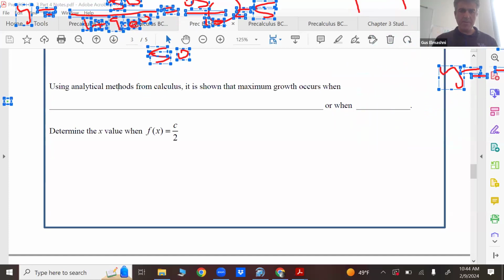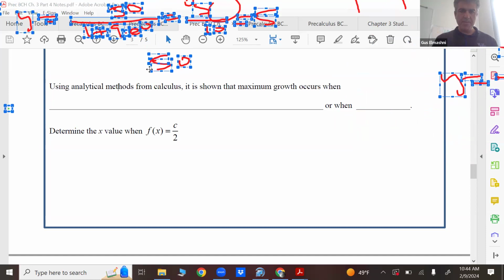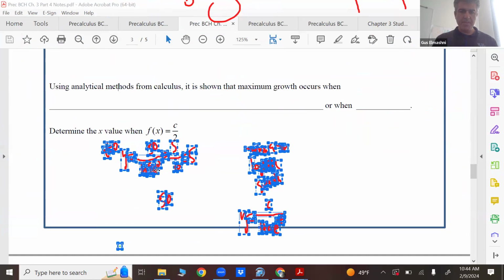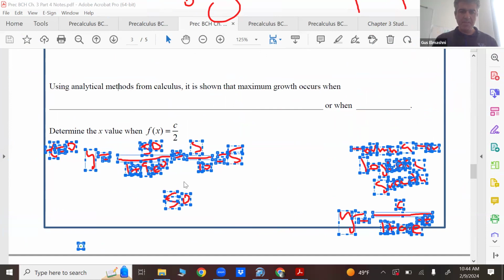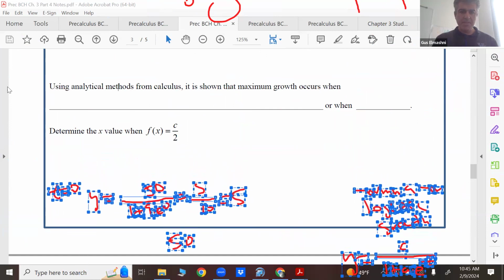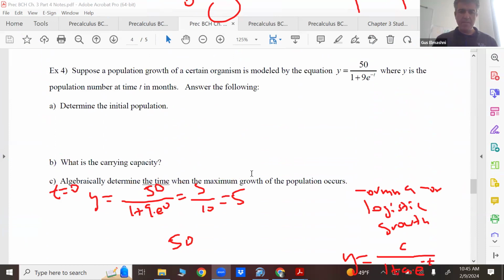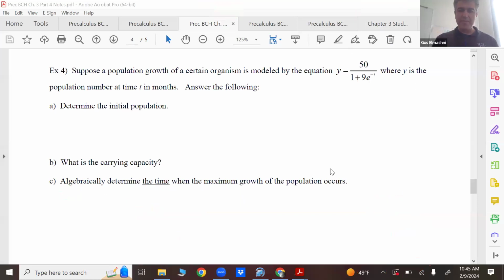Whoa, what am I doing? Okay. All right, let me resize that. Let me do this over again. I really messed this one up. I'll do it over again really quickly.